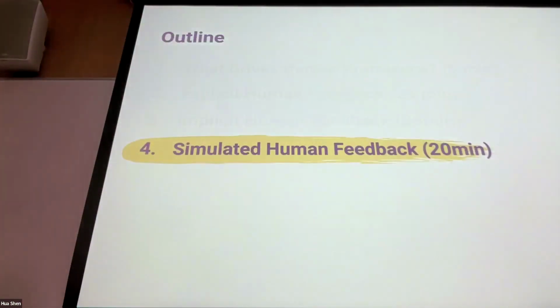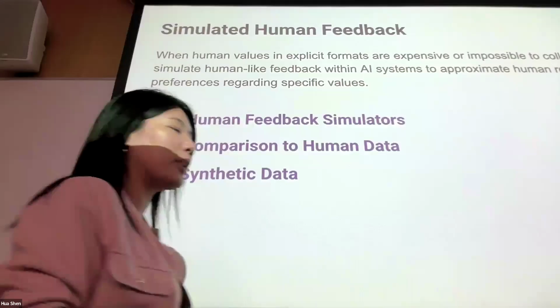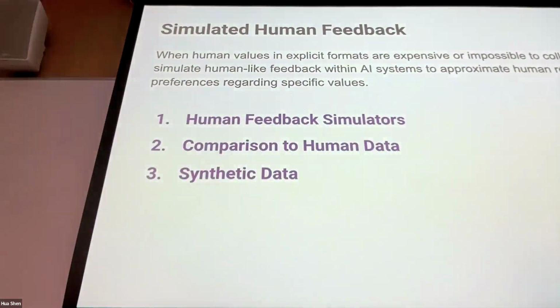Okay, we are running a little bit out of time, so we could quickly go through simulated human feedback, which primarily consists of three types. The first is human feedback simulators. The second is comparison to human data, which compares the distribution of generated data and human data. The third is synthetic data.